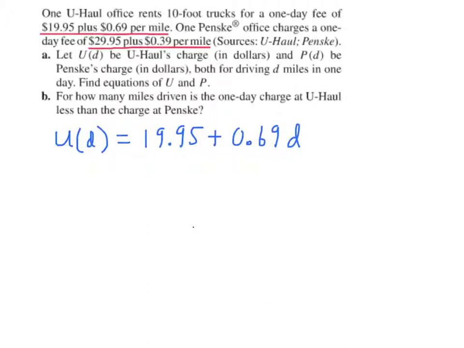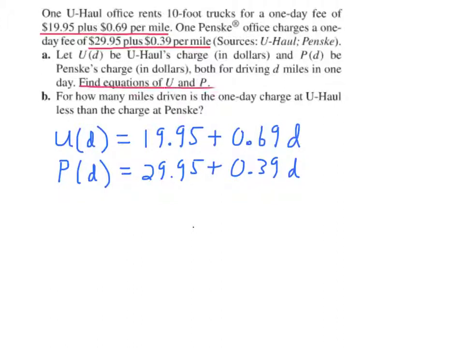And we'll do the same thing for Penske. We'll call that one P of D. And the charge there would be $29.95 plus 39 cents times D, the number of miles. So that really answers part A. We found equations for both U and P.